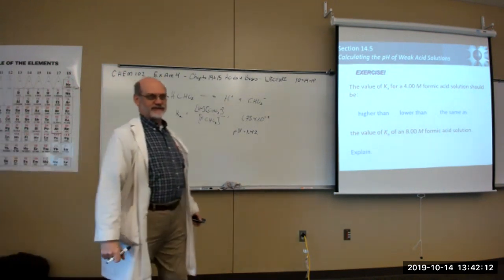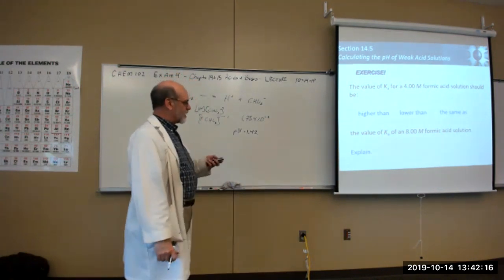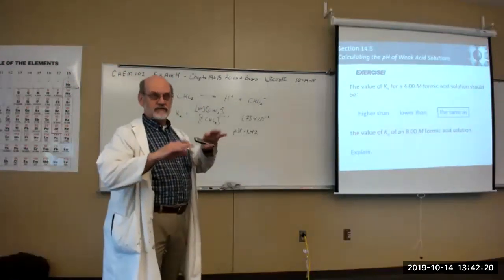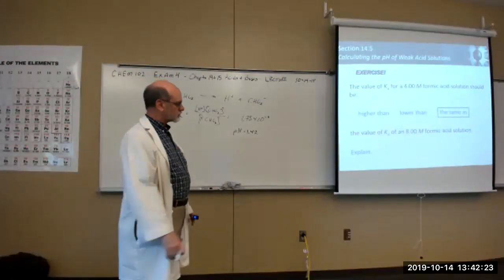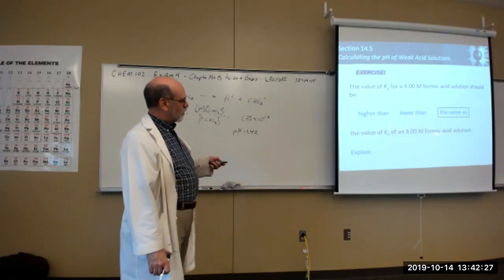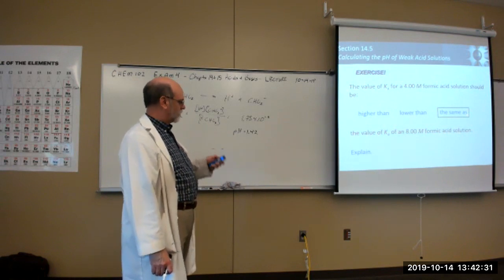K is a constant. It doesn't matter what the concentration is. K will always be the same, as long as you don't change the temperature. That's one condition. The value of Ka of an 8 molar formic acid solution, it'll be the same as that.